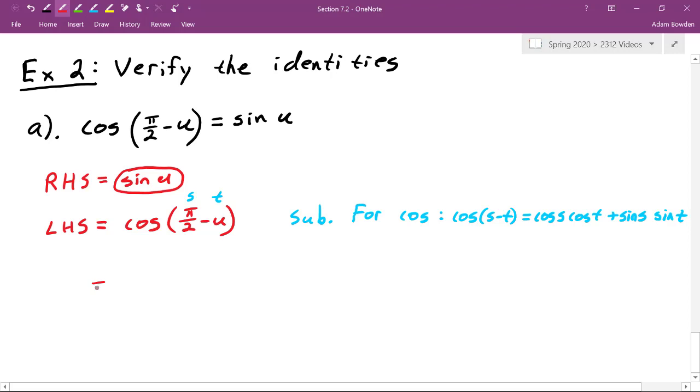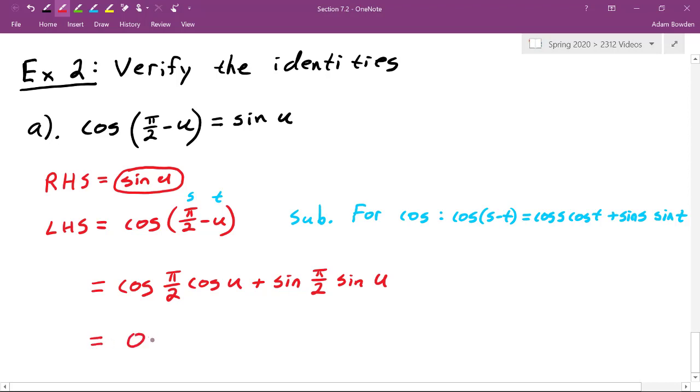And so when we rewrite it using the subtraction formula, it would go cosine pi over 2 times cosine u plus sine pi over 2 sine of u. And we know the sine and cosine for pi over 2.